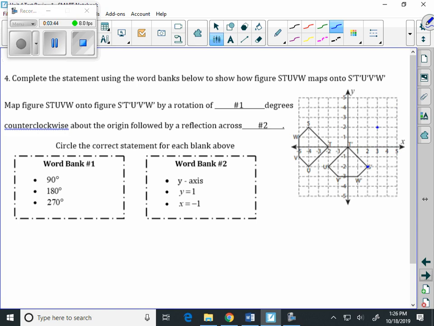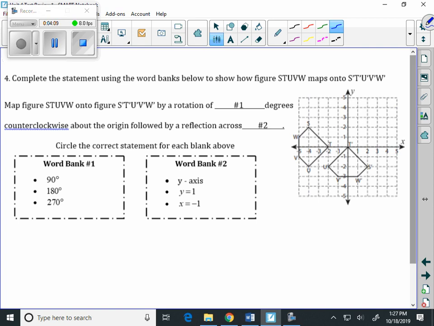So that would move us 1, 2, 3. It's going to move us over into that quadrant, which might work because then we need to do a reflection. So again, can you visualize the first one? Maybe you don't start at 90. I'm going to start at 270, and if I can't get it to work, I'll test a couple more in a minute.